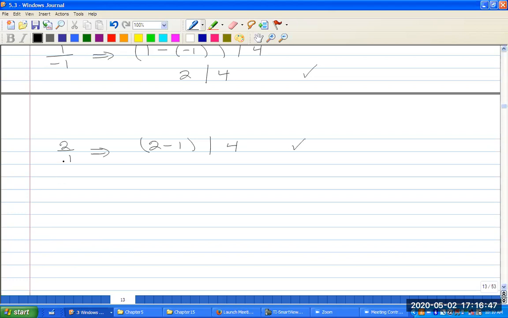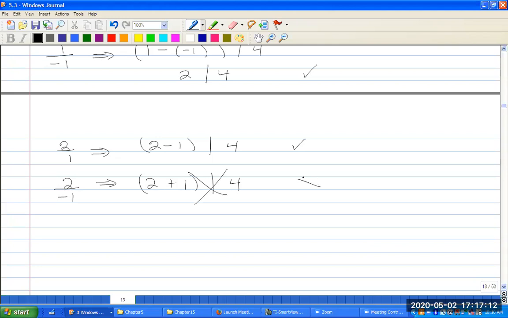Look at 2 over negative 1, which is the same as 2 minus negative 1, 2 plus 1. Does that divide 4? No, 3 is not a factor of 4, so that's wrong.